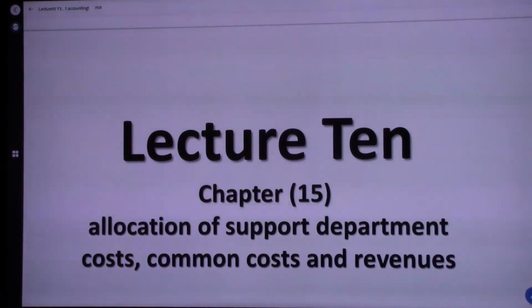Then chapter 15, which I have introduced to you today, you are only required to study objective 3, which is related to allocating costs between support and operating departments using the step-down method.